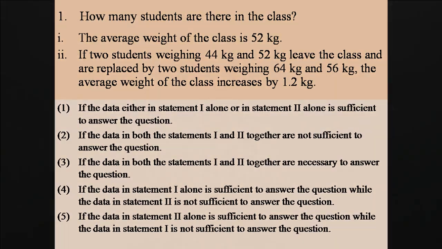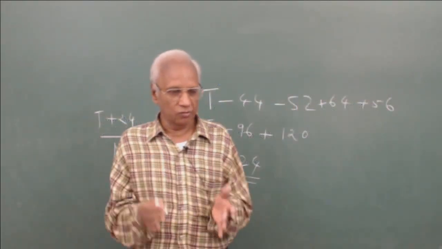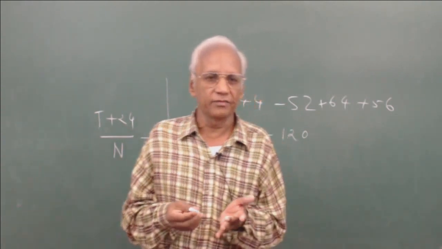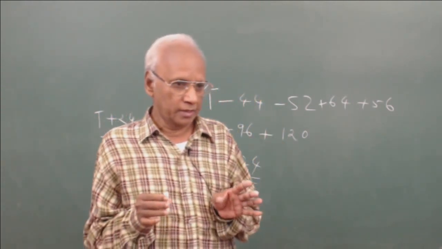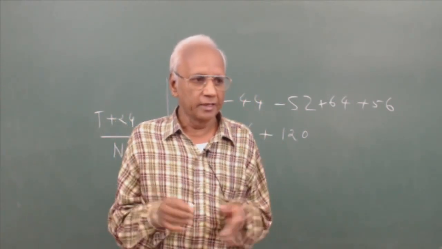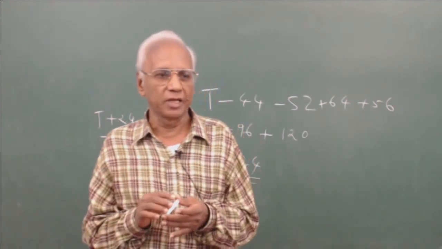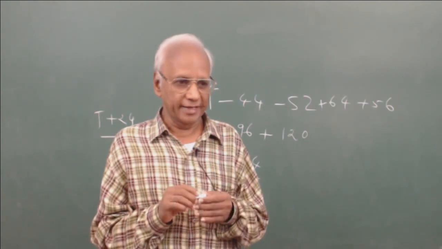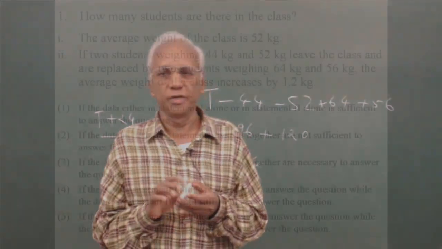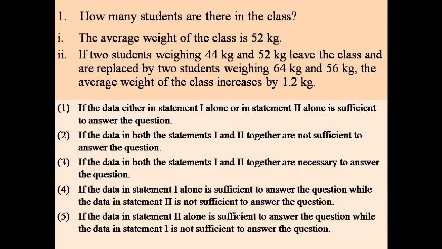As far as this question is concerned, we examined the first statement first. The first statement is not enough to solve the problem, so we left it. We went to the second statement. From the second statement we can very confidently say the number of students in the class is 20, and that is what the question asks. That means we are able to solve the problem by taking only statement 2. We don't require statement 1.